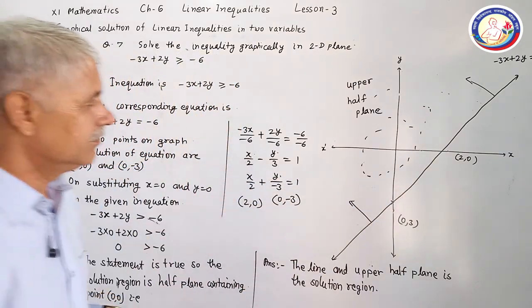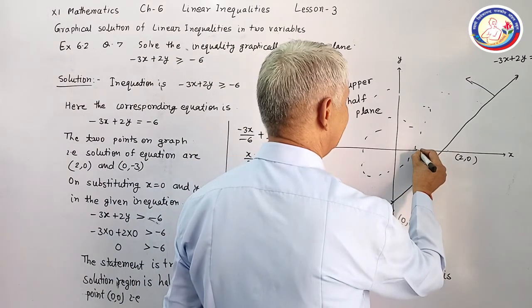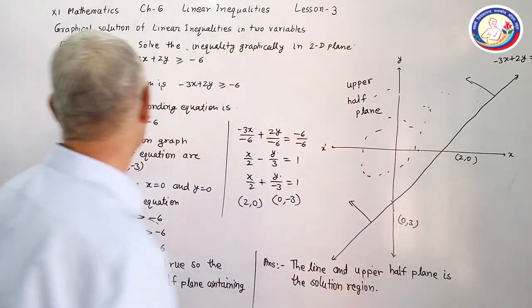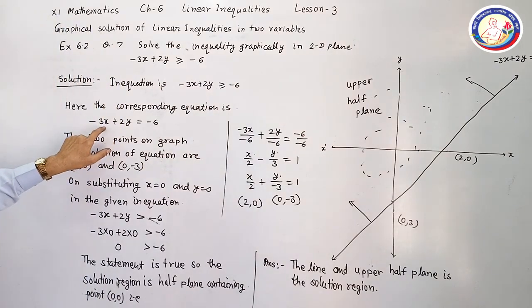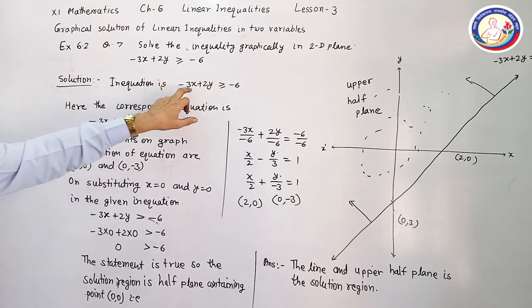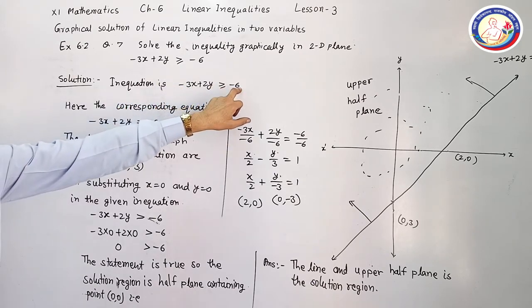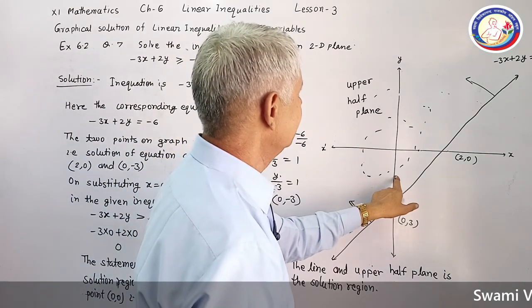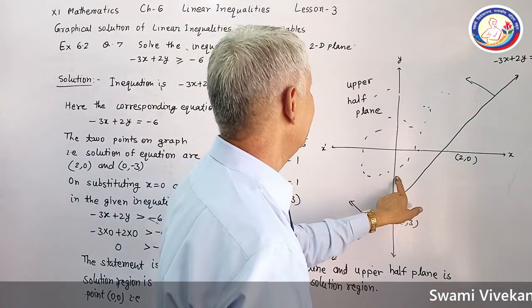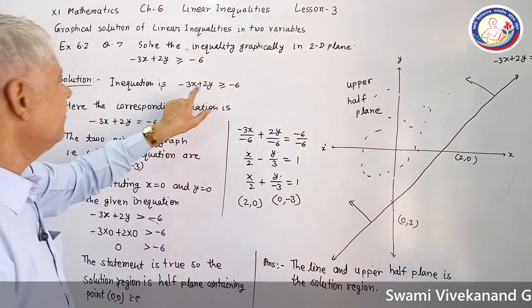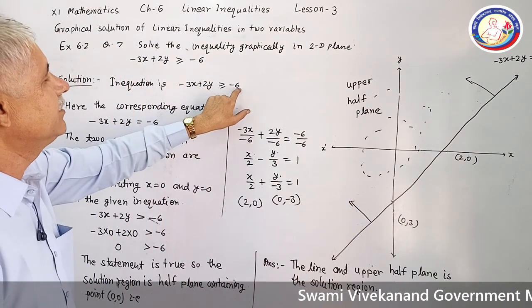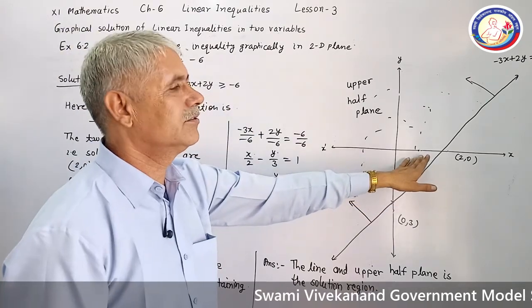Now check it. See, this is 0, 0. Here it will be 1, 0. Put here 1, 0. Minus 3 is greater than minus 6. Correct? Again, here it will be a point 0, minus 2. Minus 2 into 2, minus 4. Minus 4 is greater than minus 6. So this is the solution region.